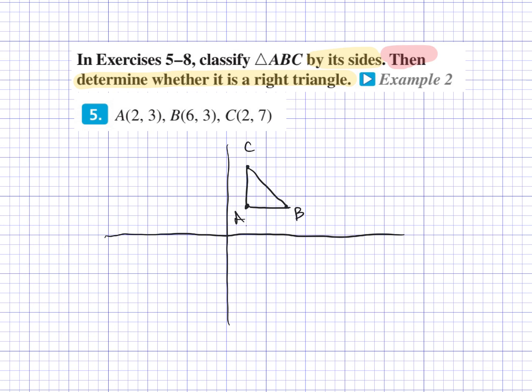Okay, well, the side lengths we can count 1, 2, 3, 4. That's 4. This is 1, 2, 3, 4. Okay, so it's isosceles. And is it a right triangle? Well, we can see definitely that a horizontal and vertical line forms a right triangle. So yes, it's a right triangle.